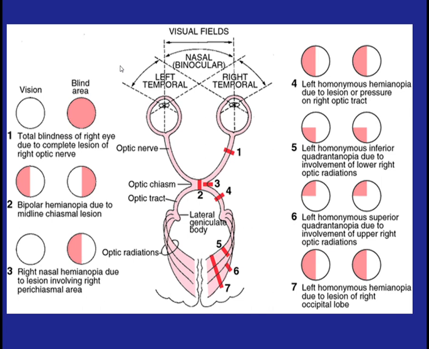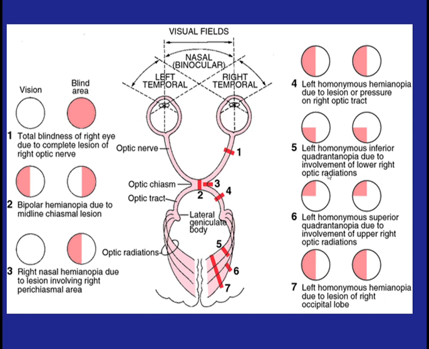So in case of pathology of the tract, lateral geniculate nucleus, radiation, or cortex on this right side, we can have only contralateral homonymous hemianopia or quadrantanopia. For example, partial damage of the optic radiation.